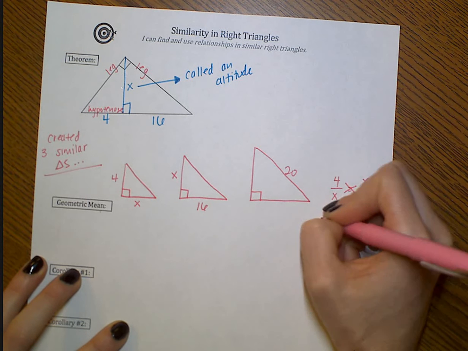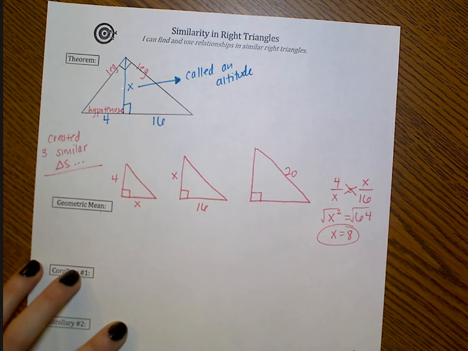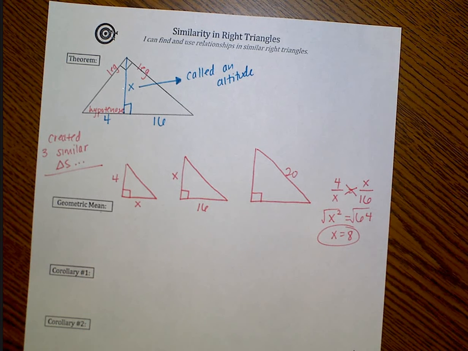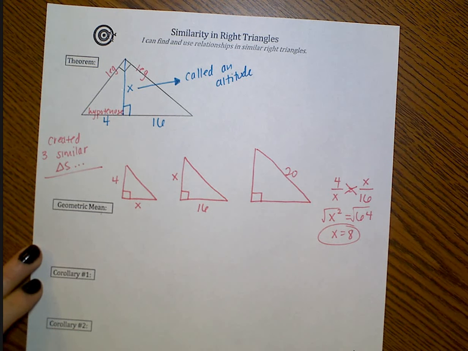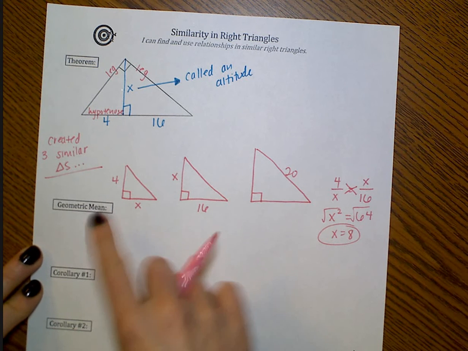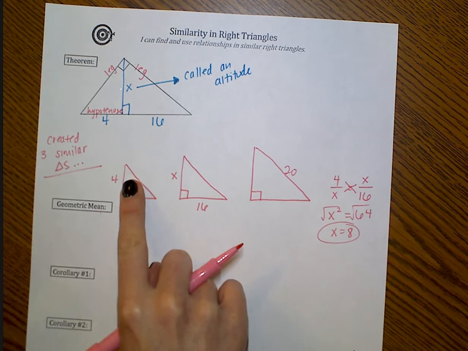If I square root both sides, I get X is 8. I don't know about you, but that is a lot of work in my opinion. I don't want to redraw 3 different triangles for each example, especially when they're flipped around, which is hard for me to look at. So these next few things we're going to write in are all shortcuts to avoid having to redraw 3 triangles. These are good things.